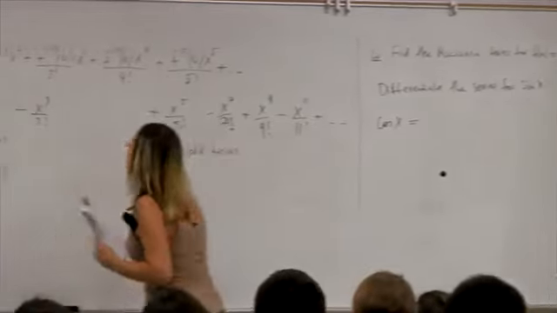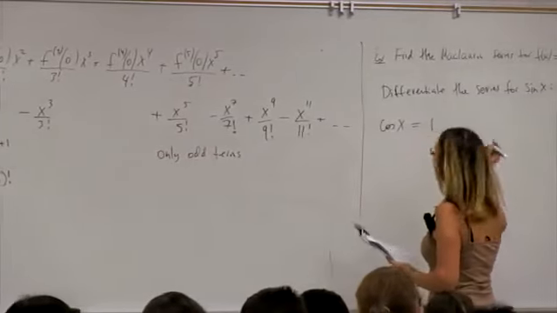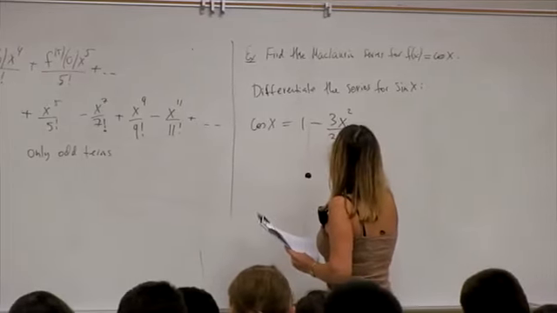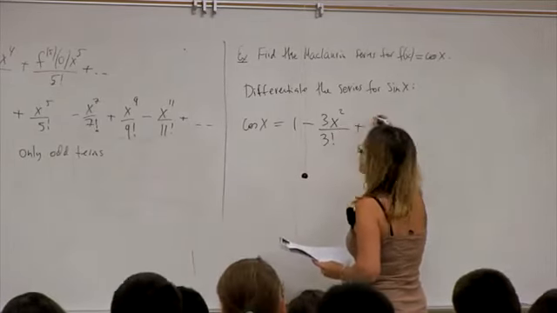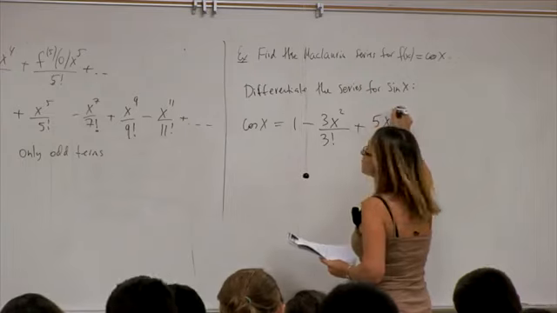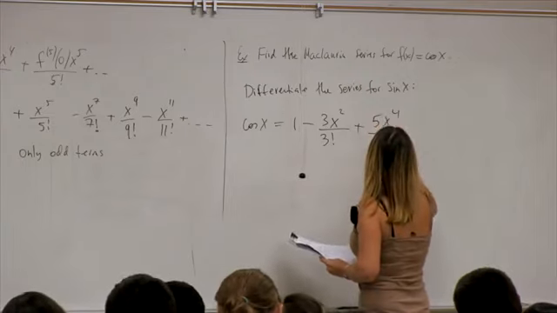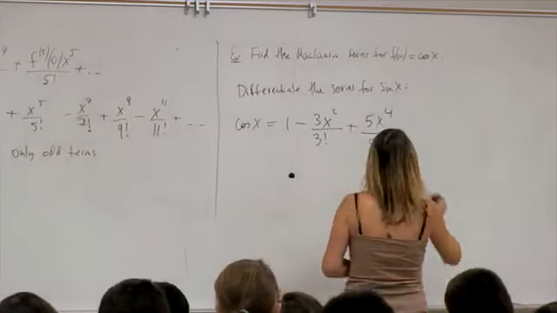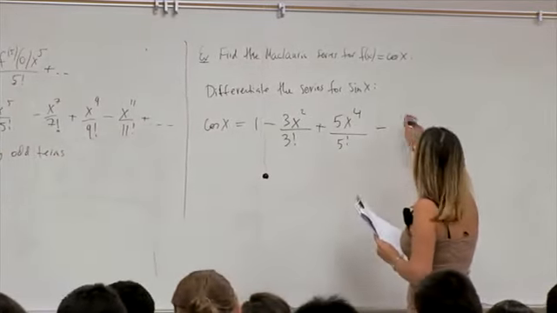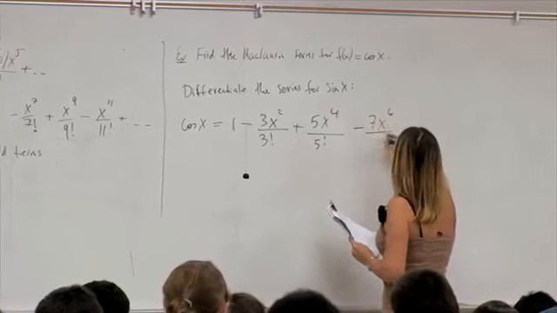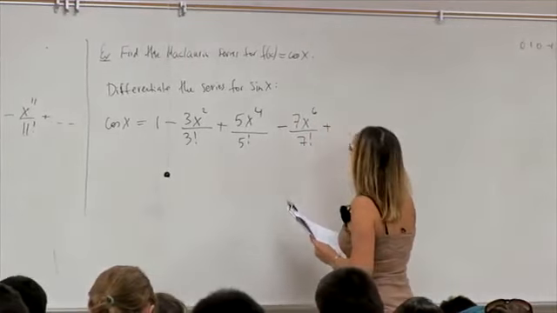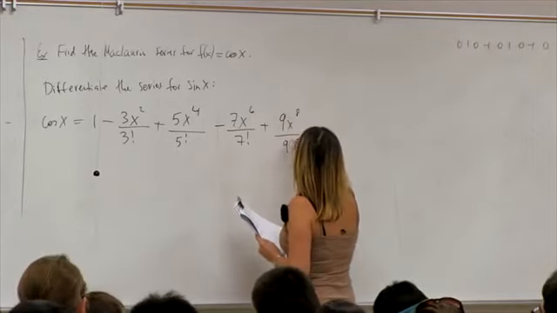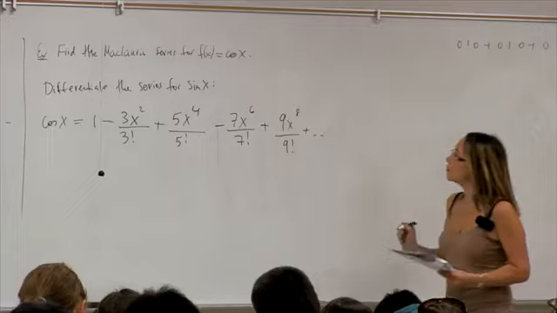On the right, I have 1, minus 3x squared over 3 factorial, plus 5x to the fourth over 5 factorial. I'm differentiating these terms explicitly without the sigma thing. Minus 7x to the 6 over 7 factorial, plus 9x to the 8 over 9 factorial. That's enough, okay?